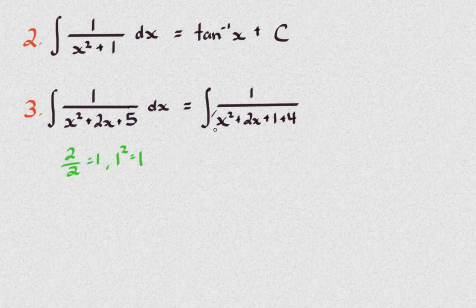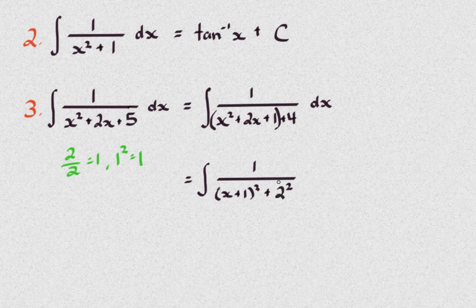And now if we focus on this part, we now have a perfect square. So we can write it as 1 over x plus 1 all squared. And then we could write plus 4 again, but we notice that that is 2 squared.